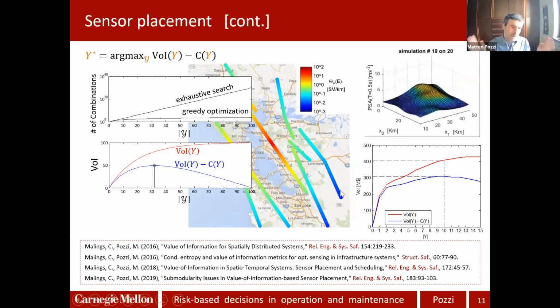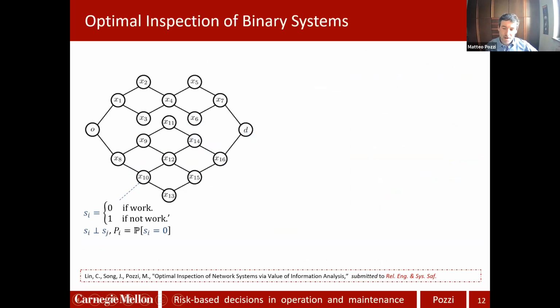And it's honestly a bit of a simplified approach. But again, you see the same trend of a lot of benefit when you start instrumenting a few components, and then you have less and less benefit when you go on beyond that. More recently, we are working with Junho Song, and Chao Lin, a PhD student, on the idea of understanding what is the best component to monitor in a system in the traditional sense.